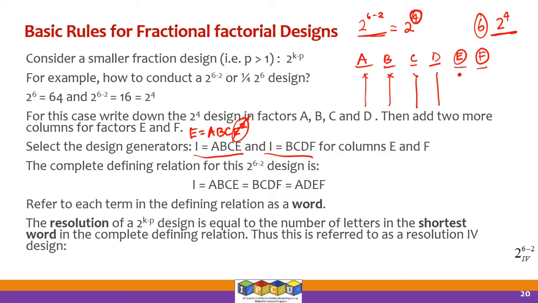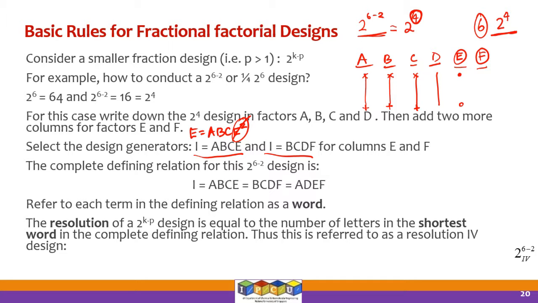You take the first element of C, which could be minus or plus, and then you multiply those three numbers to get this entry for E. For the 16th, if you want to get the entry for E, you take the 16th entry of A, the 16th entry of B, and the 16th entry of C, and you multiply those three numbers. Each of the numbers could be -1 or +1, and you can get the entry for the 16th element of E. So that is how you get the settings for factor E.